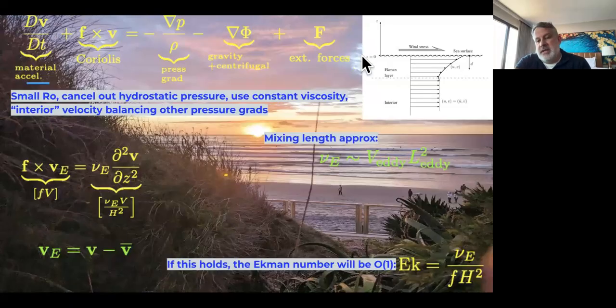Okay, so this is from last time. We said, okay, we can balance the Coriolis term for that velocity anomaly, the V extra, the V Ekman that's in the Ekman layer. And the only term that's really there to balance that extra that's new that causes that shear is the viscosity, the eddy viscosity on the V extra. The only term that's sheared in the vertical is the V extra.